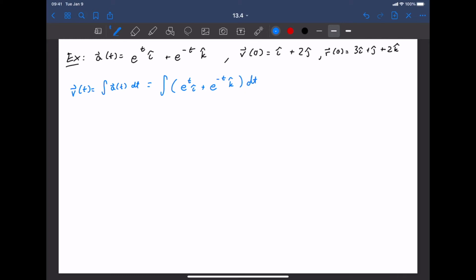Don't include the initial velocity yet. What do you get? I get e to the t in the i direction minus e to the negative t k hat plus c1 as a vector. Why is it c1?